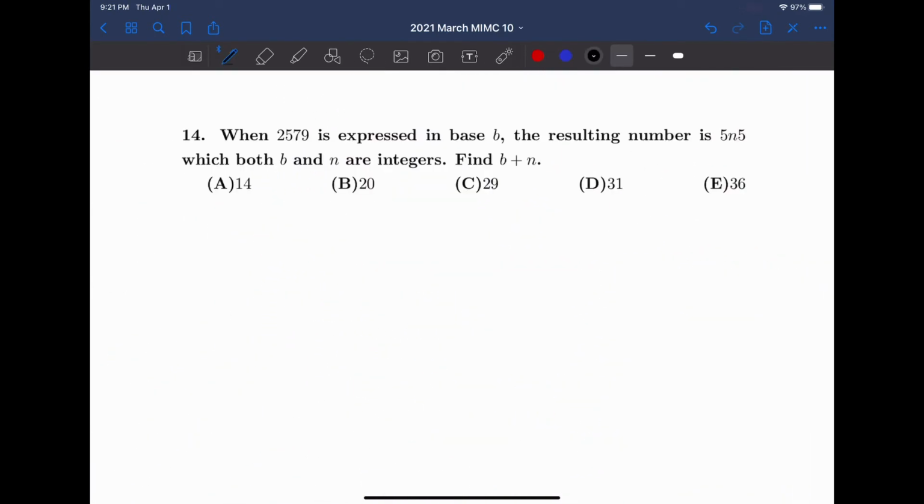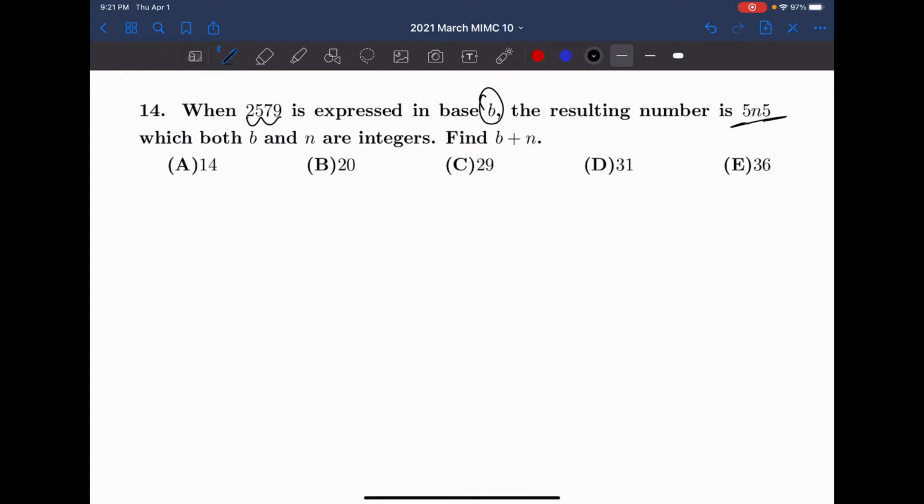Let's continue with number 14. It says 2579 is expressed in base B, and the resulting number would be this, where B and N are integers.